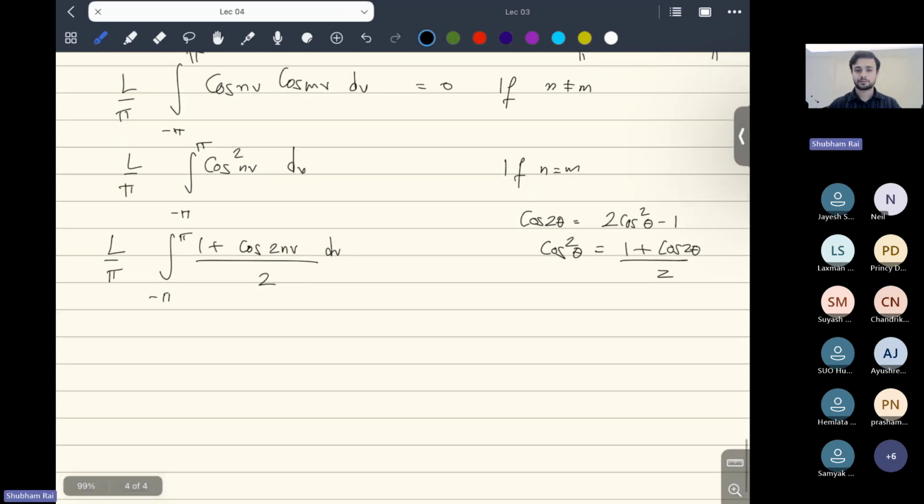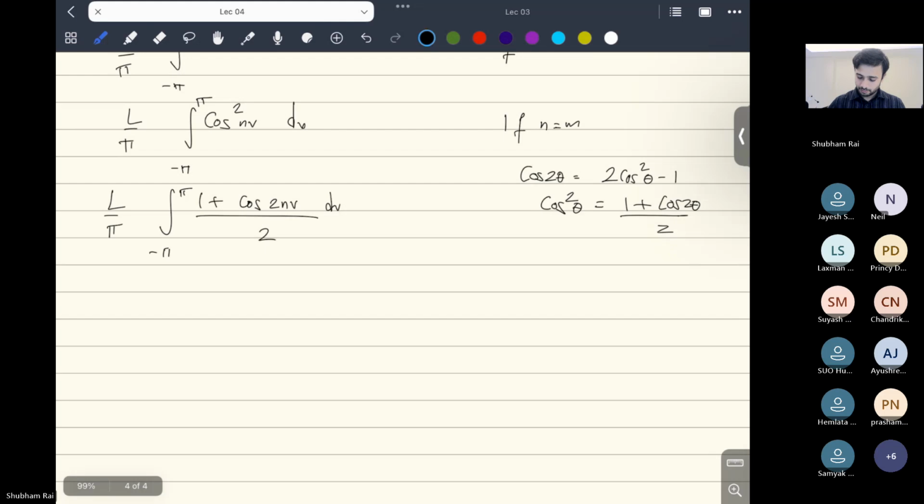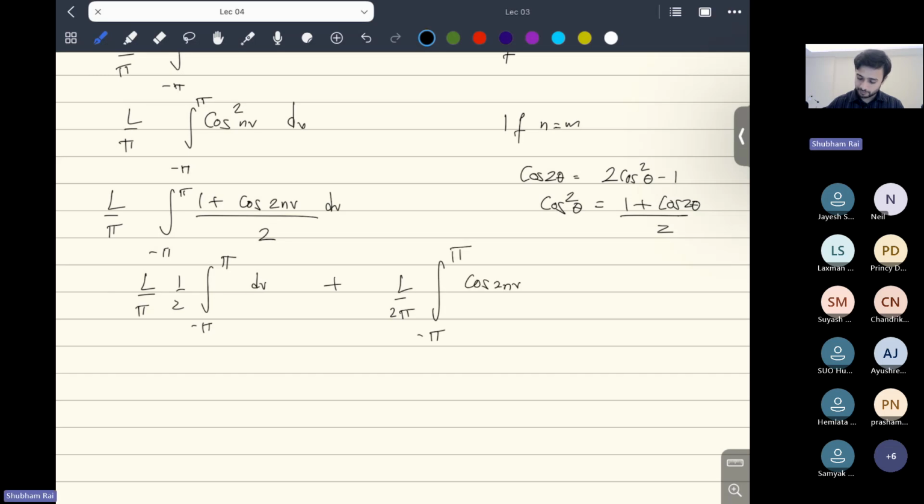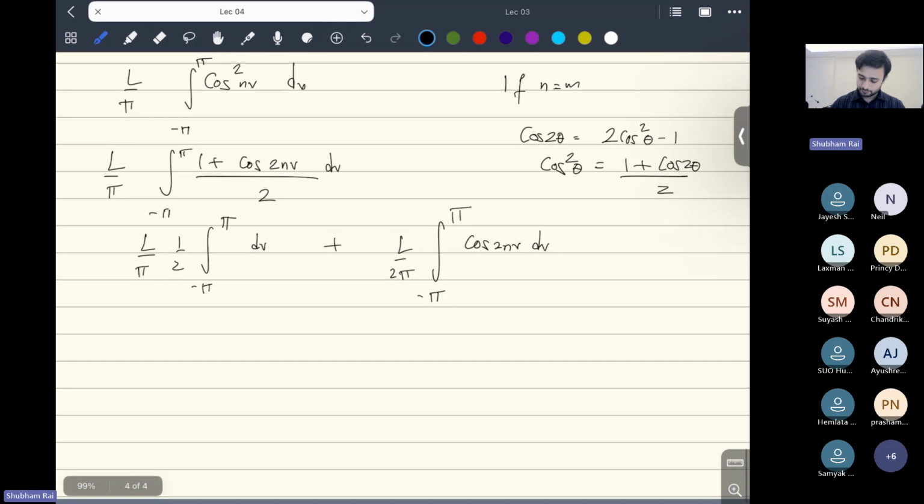right? So if you solve this, L by pi, integral from minus pi to pi. The first one will be just 1 by 2 dv, and the second one will be L by 2 pi, integral from minus pi to pi of cosine of 2nv.